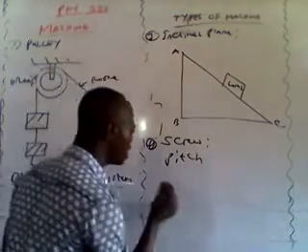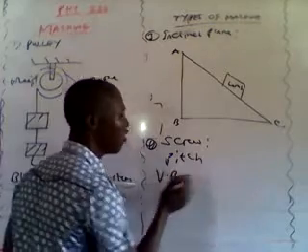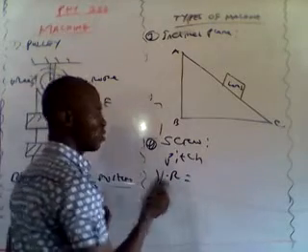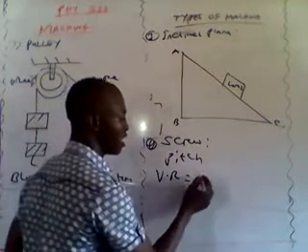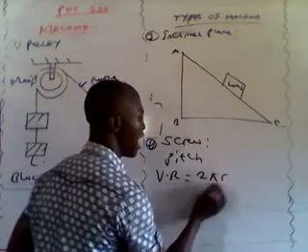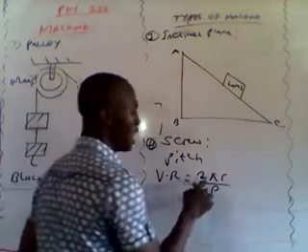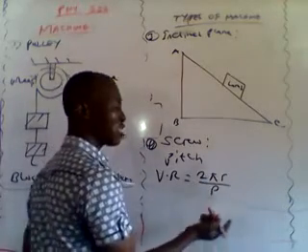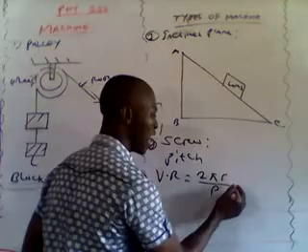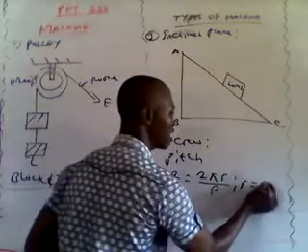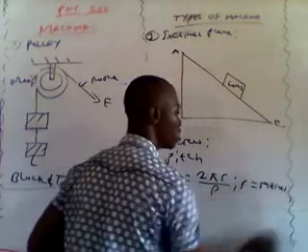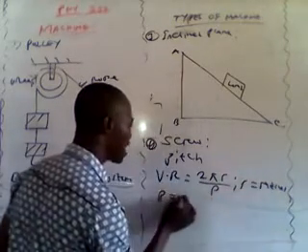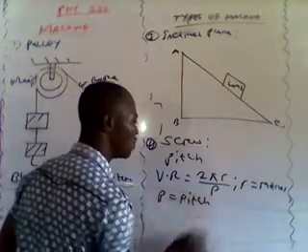So the velocity ratio of a typical screw, as a device or tool, is given as 2 pi r over p, where you know that 2 is a constant, pi is a constant value. This r is the radius of the screw, while p stands for pitch.